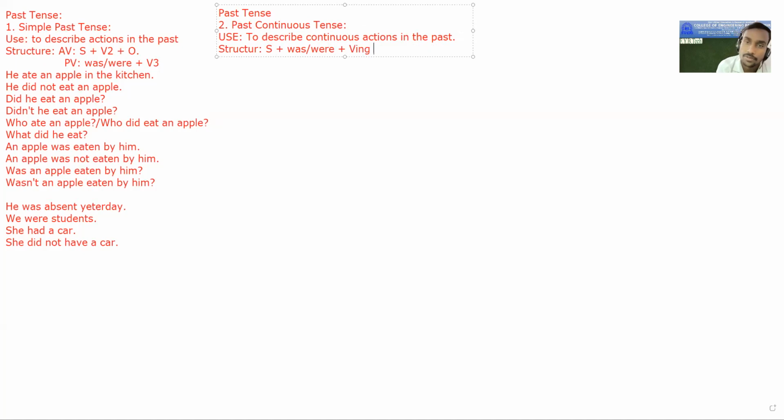You can call it V-ing as well, and then the remaining part of the sentence we will consider the object. I mention was and were here because you need to understand that was and were are used here also in past continuous, as in present continuous. Try to understand this structure is in which voice, active or passive? Active voice.